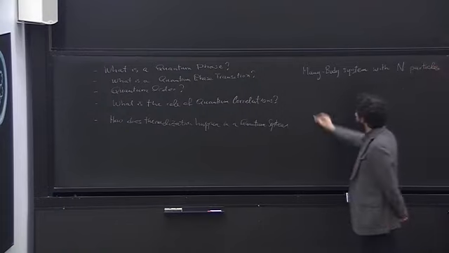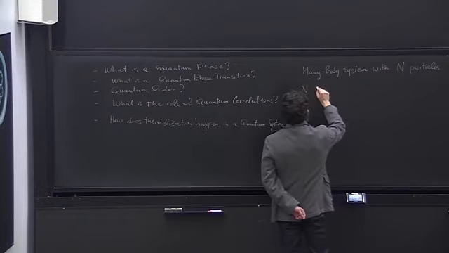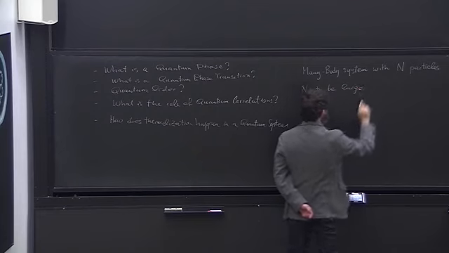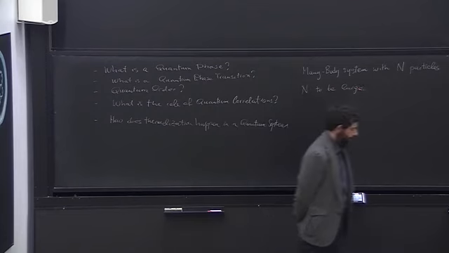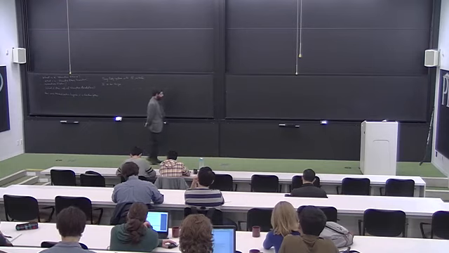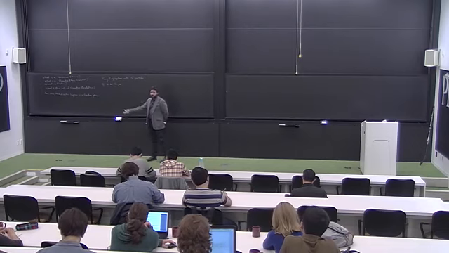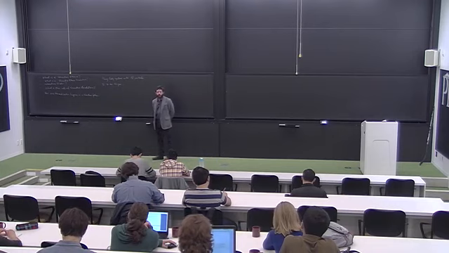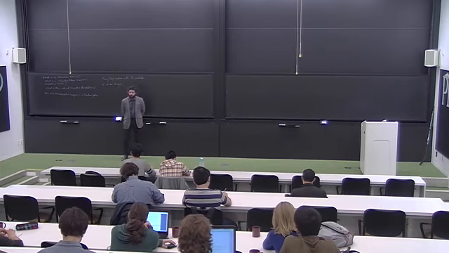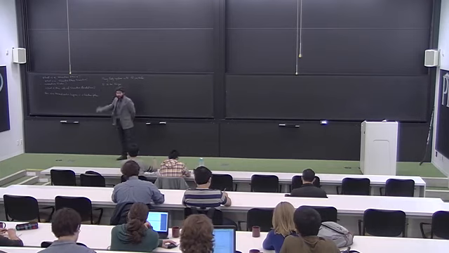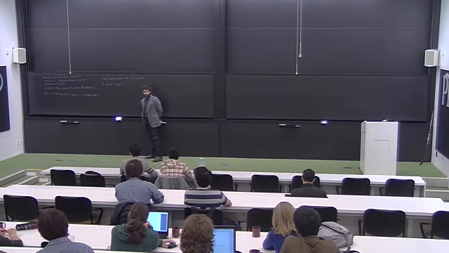And we want N to be large. This is because ordinary materials have a large number, 10 to the 23 or more particles, but also because regardless whether they are realistic materials or not, all these interesting phenomena happen in the large N limit.